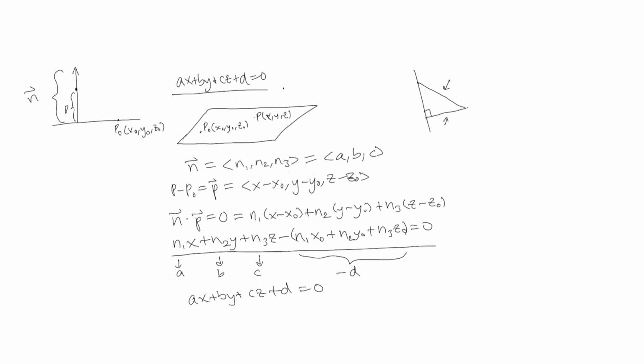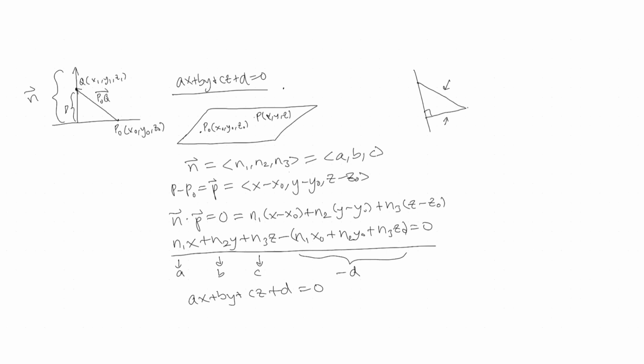And let's call our point here maybe Q, with X1, Y1, Z1. So we're trying to find basically the distance from Q to this plane. How do we do that? Well, let's draw a vector between these two first. Going from point P0 to point Q, we have the vector P0Q.